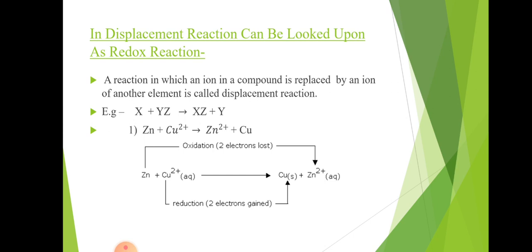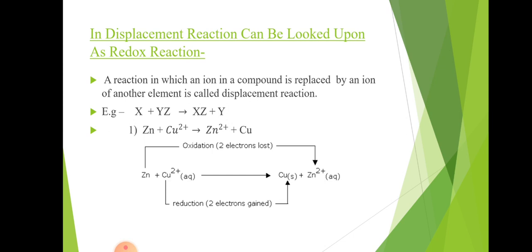Means simultaneously the Zn loses electron, that is the oxidation, and the copper 2 plus ions form copper, that is the gain of electron, that is the reduction. Means simultaneously the oxidation and reduction reaction occur, that is the redox reaction.